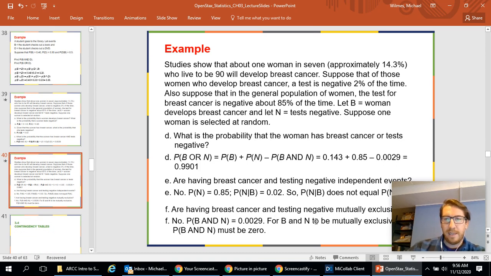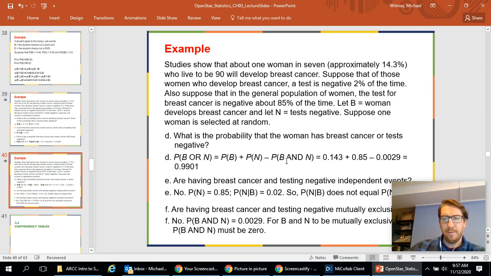Okay, the next part is looking at or. What's the probability that the woman has breast cancer or tests negative? This is going to be a very wide swath of people now, because it's going to be all the cancer people, but also all the negative tests. So we're going to calculate this. We take the cancer people and the negative tests, and we subtract the intersection of those two.